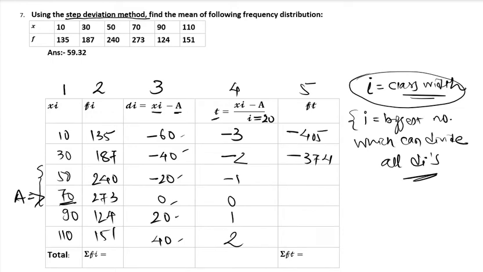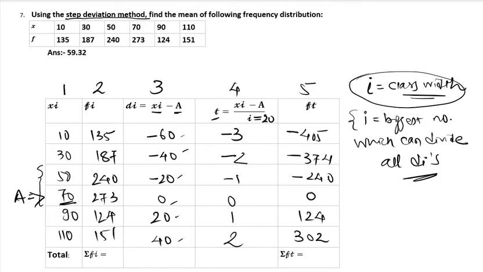Then 240 into minus 1, minus 240. Then 273 into 0, 0. Then 124 into 1, 124. And 151 into 2, that is 302.